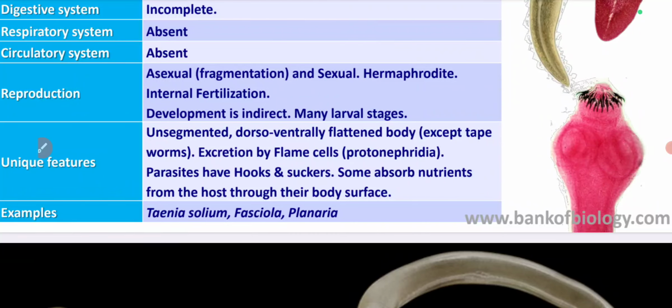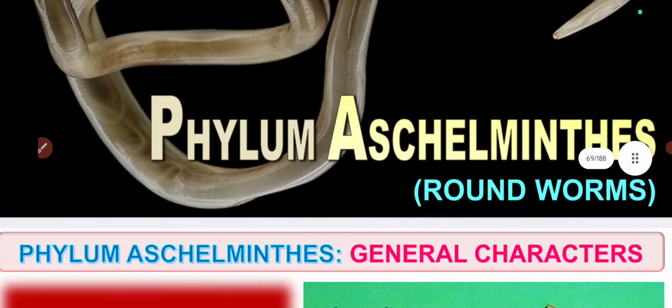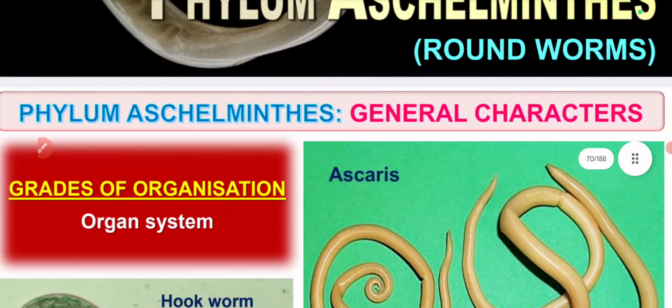Unique features: unsegmented, dorsoventrally flattened body except tapeworm, which has a segmented body. Excretion by flame cells, that is protonephridia. Parasites have hooks and suckers. Some absorb nutrients from the host through their body surface. Examples: Taenia solium, Fasciola, planaria.